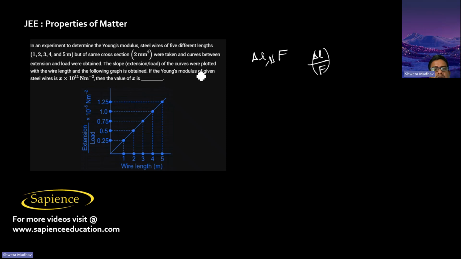If the Young's modulus of the given steel wires is x into 10 power 11 Newton per meter square, the value of x will be how much?